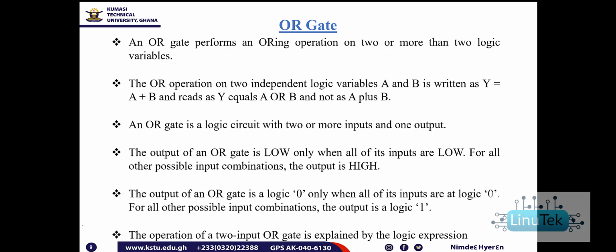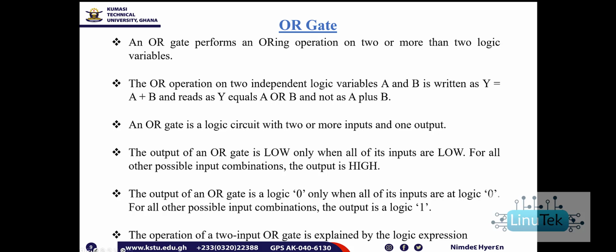The output of an OR gate is low only when all of its inputs are low. So for any other combination of inputs, the output is always high.